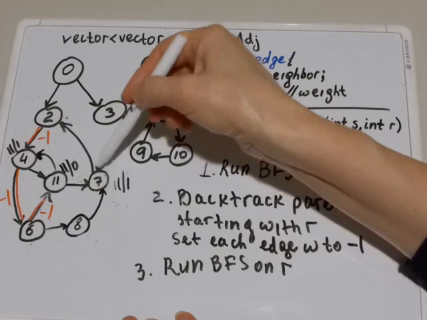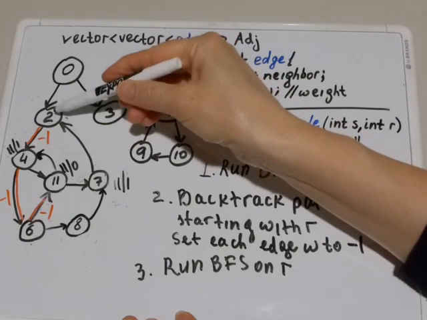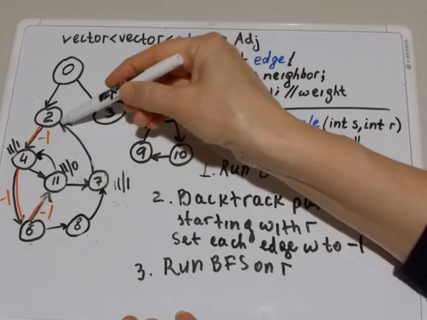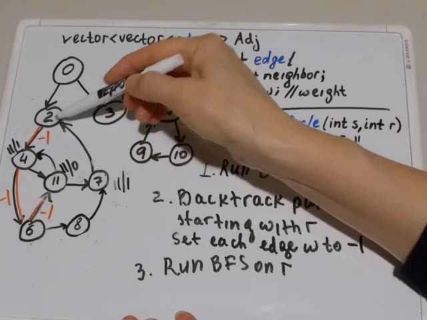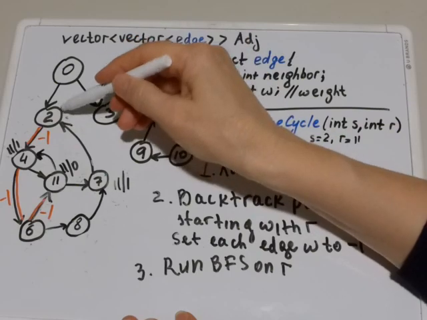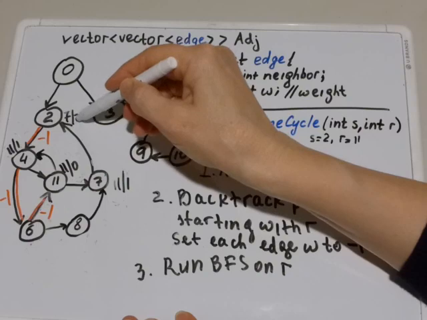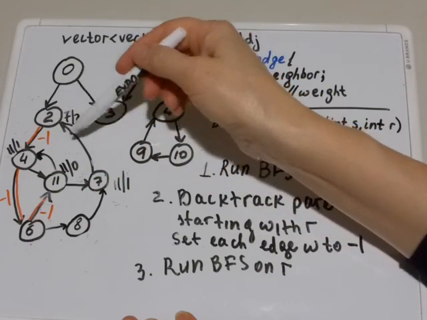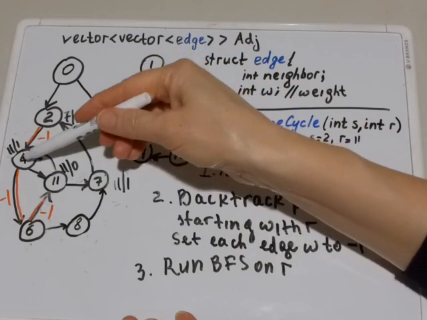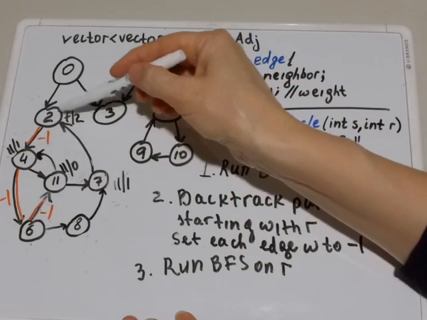Now we're processing children of 11. So 7 has an edge to 2, and this edge doesn't have weight -1. That means we can put 2 into our queue. We can set its parent to 7 and distance to 2 and put it in the queue. And then we finished with 11, 4, and 7 in our queue, and we're working with vertex 2.